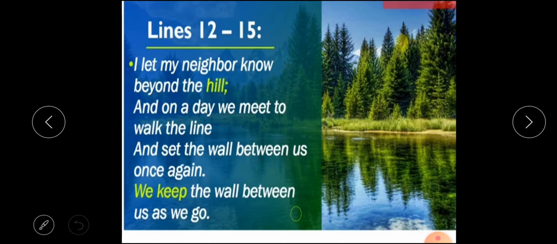Because every time something happens, that something they don't know what, doesn't want there to be a wall. So here the narrator makes clear that they keep the wall in between when they do the mending job. They even do not go on one side. That time also there is a barrier between them, and that is what? Wall.